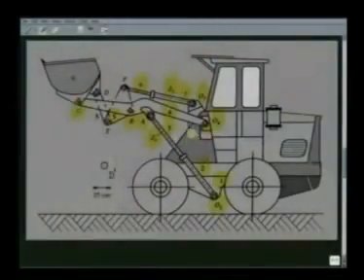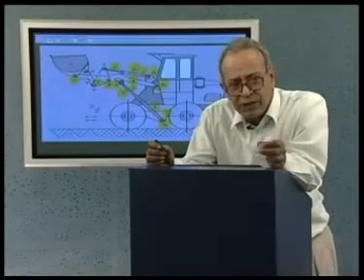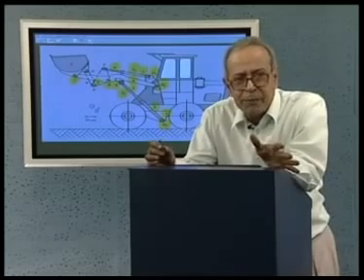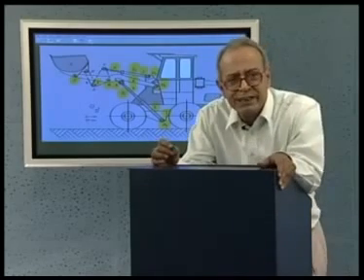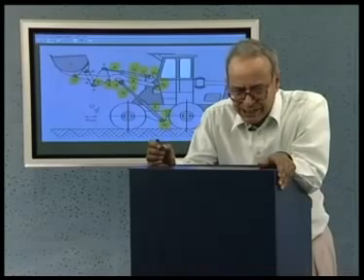So in this mechanism, because we have a quaternary link, that is a very higher order link, I will show how to conveniently use the tracing paper as an overlay as we discussed in the previous lecture.